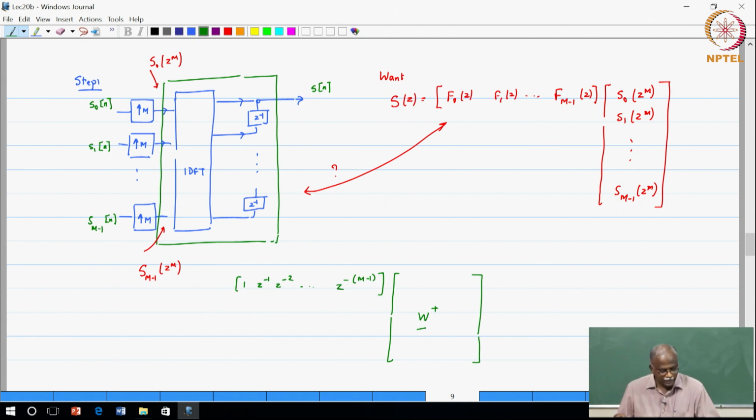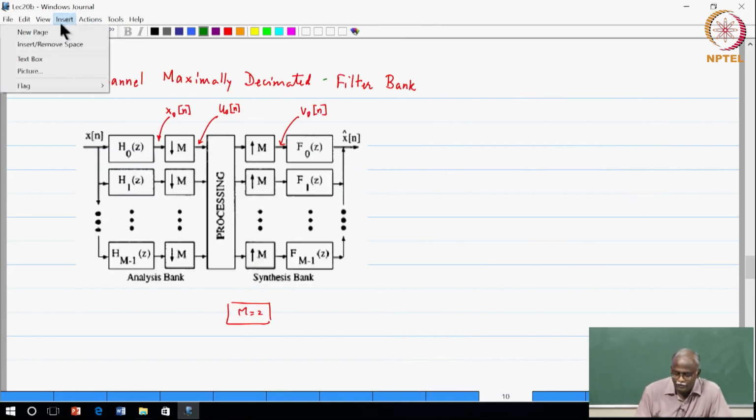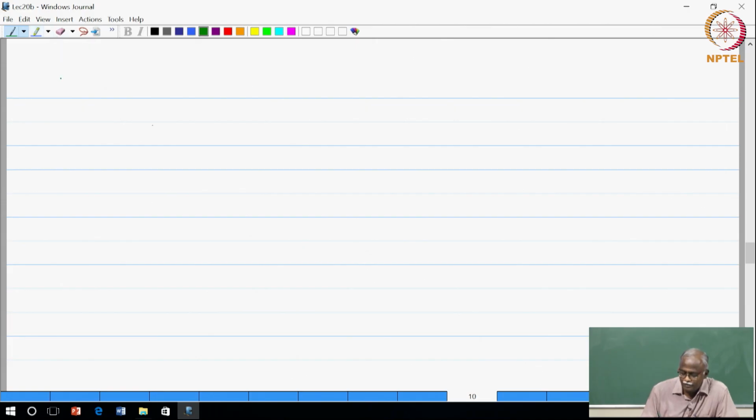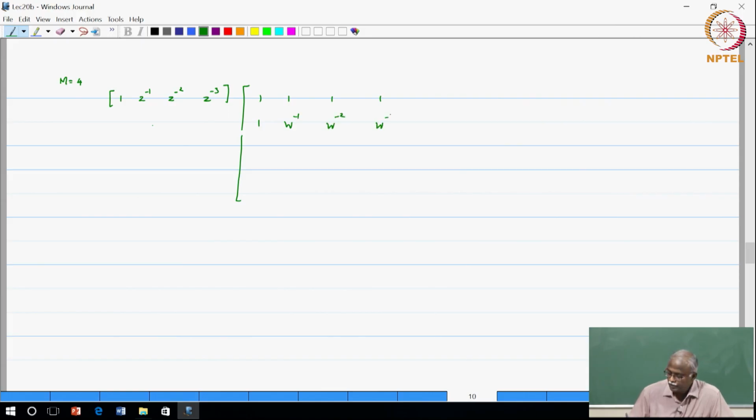Now, that is step 2. Step 2 is when we have shown this. I found it a little easier to try a specific example. Let me just highlight that. M equal to 4. In that case, I get 1, Z inverse, Z minus 2, Z minus 3. Please look at this matrix: 1 1 1 1, 1 W inverse W minus 2 W minus 3, where W is actually e power minus j 2 pi over 4.